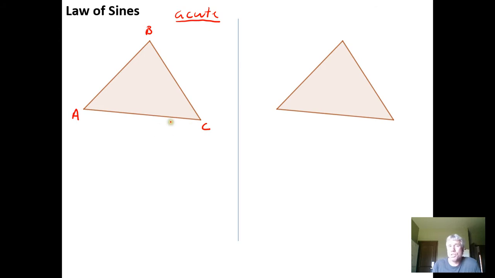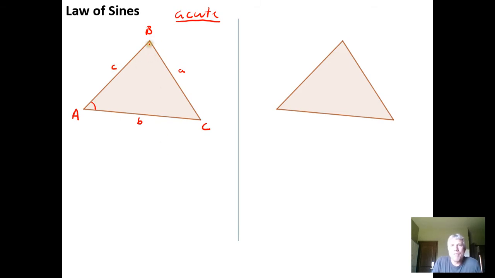And the convention in geometry is, if you're using English letters, to use capital letters for the angles, and then the side opposite the angle, you label it using a lowercase letter. So if this is big A angle, this is going to be lowercase side length right here, lowercase a. So A and the side opposite of A, angle B and the side opposite of B is going to be lowercase b, and angle C, the side opposite, will be lowercase c.